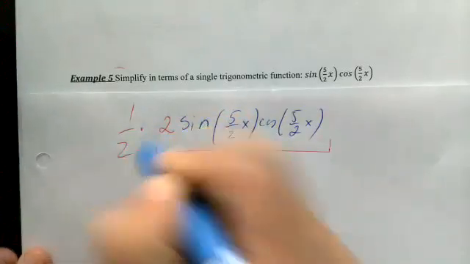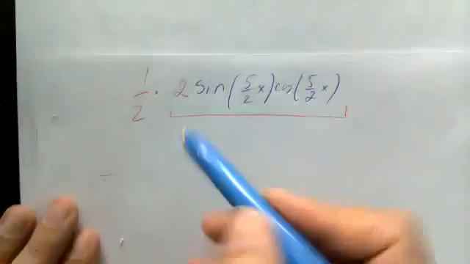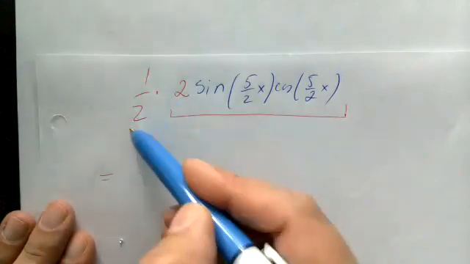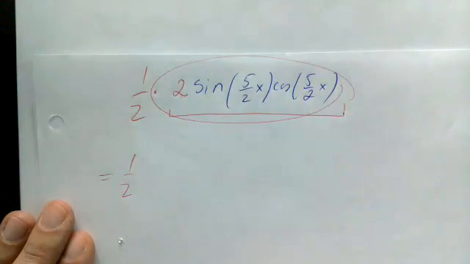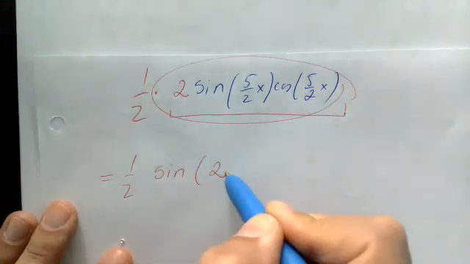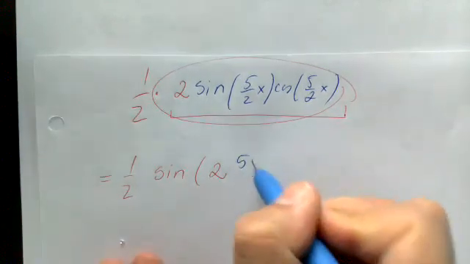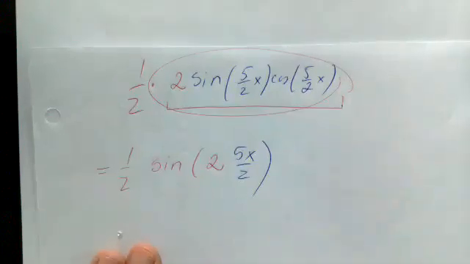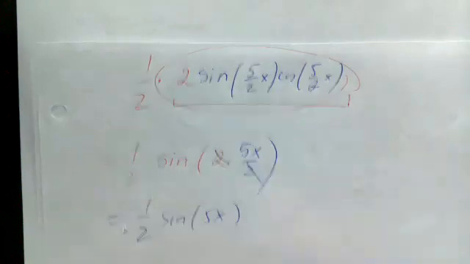The 1/2 and 2 together, it just makes sense that you multiply only by 1, so you're not changing it. Now, just convert what you have so far. You still have the 1/2 in front, and the 2 that you put there now makes up the formula for yourself, which is sine of the double of the 5x over 2, right? 2 and 2 cancel out, so it's 1/2 sine of 5x.